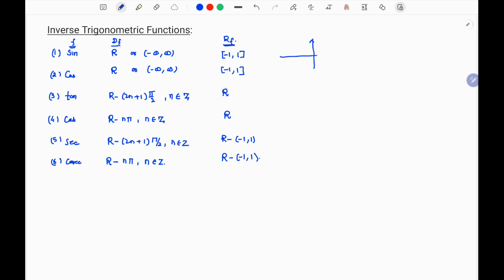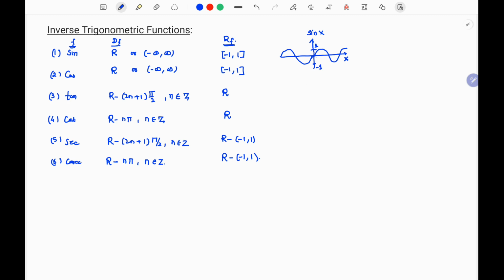Here it is sine. On x-axis it is x, and on y-axis we take the function value, that is sine x. Graph will be a rough diagram we are drawing here. The value maximum is 1 and minimum on negative side is minus 1.